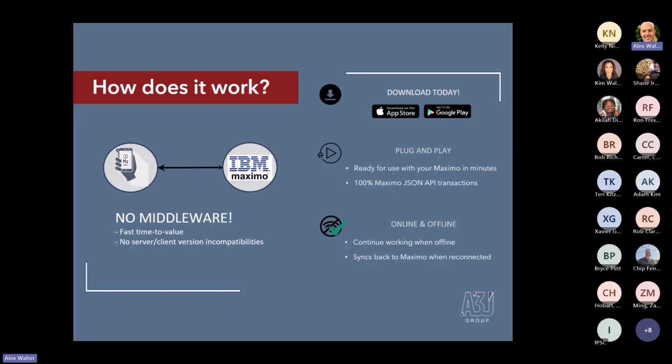The app does work while you're offline as well. Log in while you're online, and while you're working, the app will download some data that it needs to perform offline transactions. If you do go offline, those transactions will be kept and synchronized when you're reconnected.